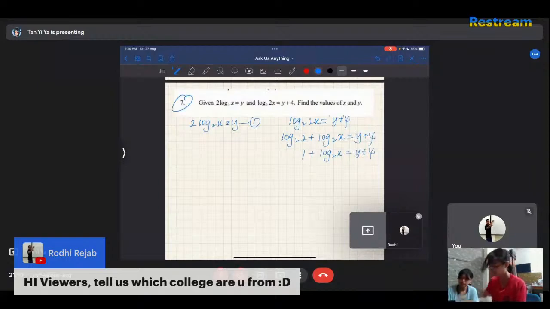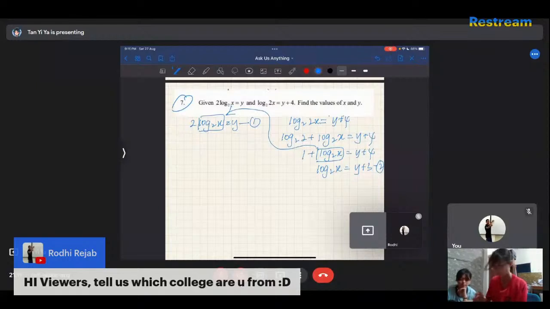So we can find that log base 2 x is the same as here. So we can just find the value of this, which equals y plus 3. So save this as equation 2.